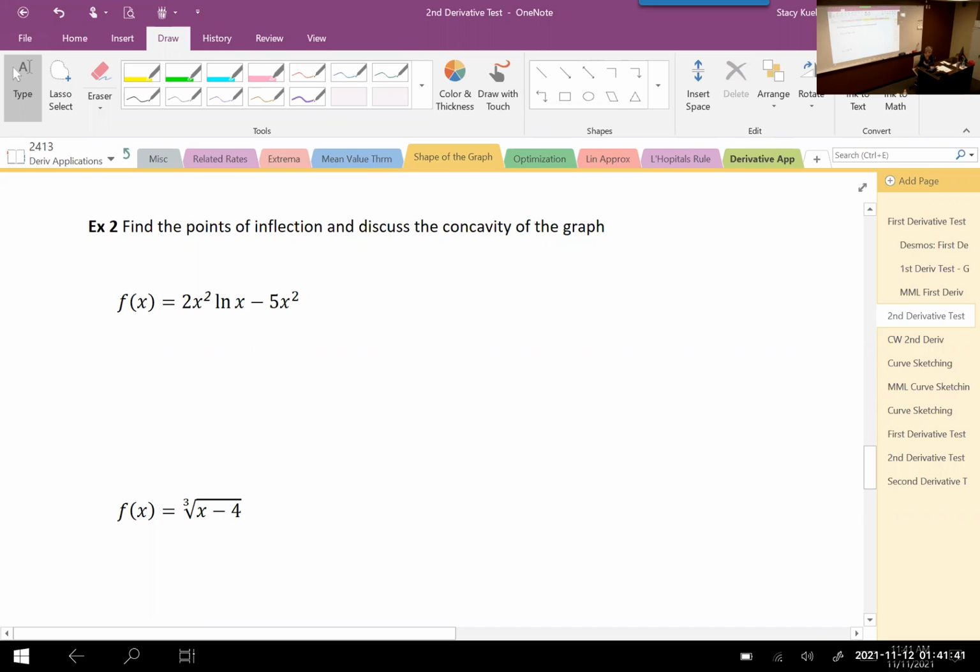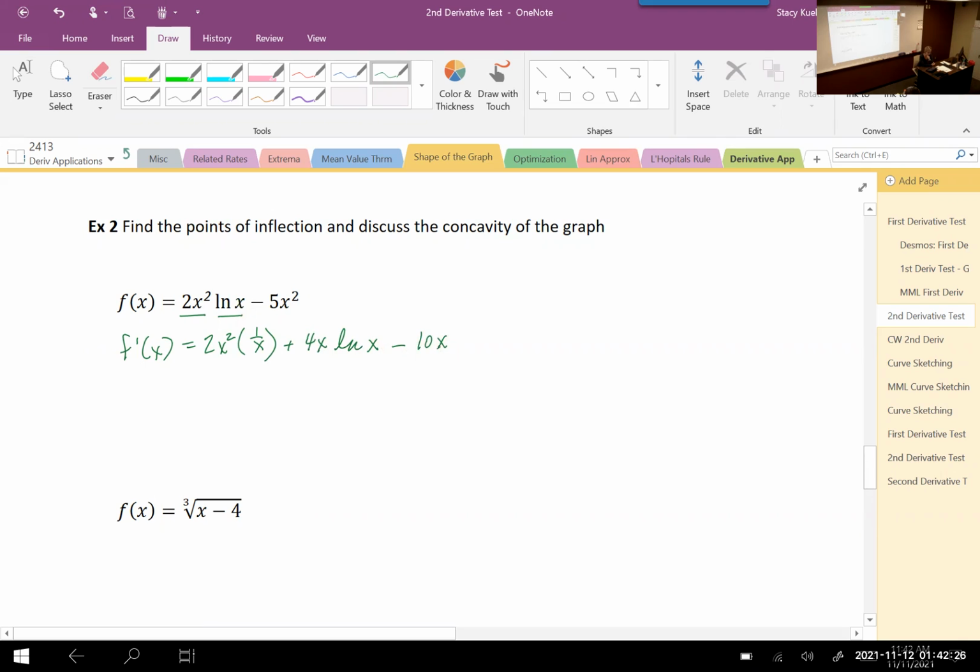The first derivative of this function is going to be the first term, 2x squared, times the derivative of the second, because we have the product rule going on here, plus the derivative of the first, which would be 4x, times the second, minus 10x.